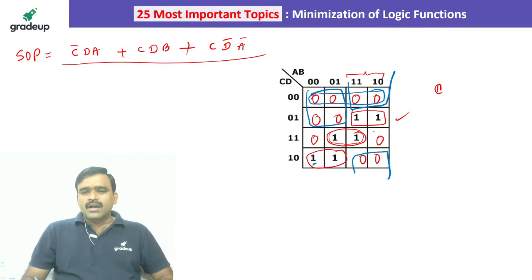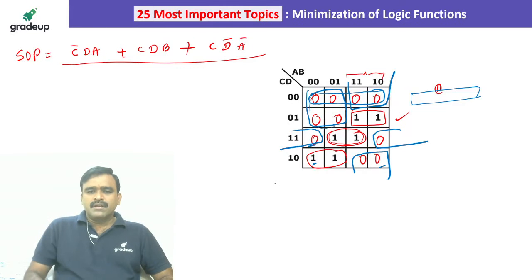Now coming to this 0. This 0 can be combined with either this or this. Let us combine with this one, since this is uncovered now, and the first column I have used is not required. Now when the zeros are plotted you will get f dash.